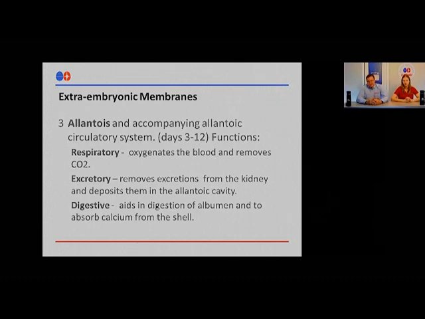And then there's a digestive function, aids in the digestion of the albumin and absorption of calcium from the shell. A lot of the calcium, we see this chick that was at one point a couple of cells, and now it's got a skeleton, beak and down, everything. That shell is a major contributor to the calcium needed for bone formation.